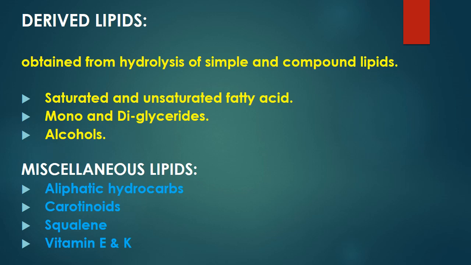And there is a fourth category, miscellaneous lipids, where we can get aliphatic hydrocarbons or carotenoids, squalene or vitamin E and K. All these also come under lipids as a miscellaneous category.